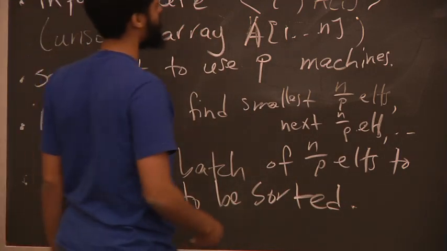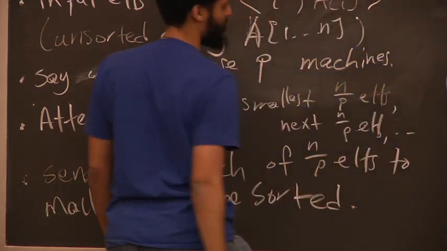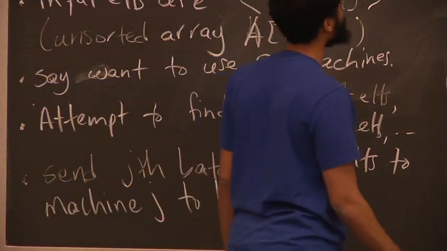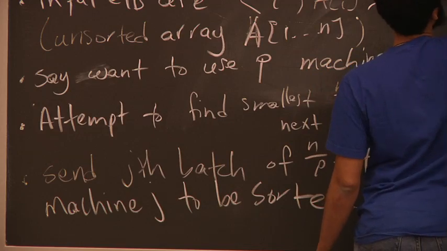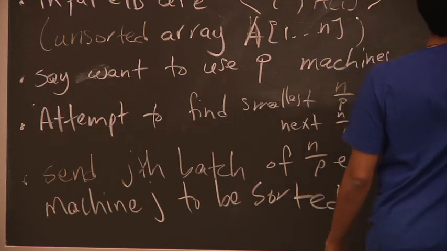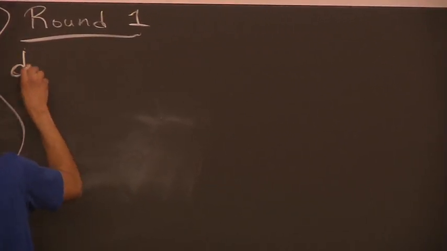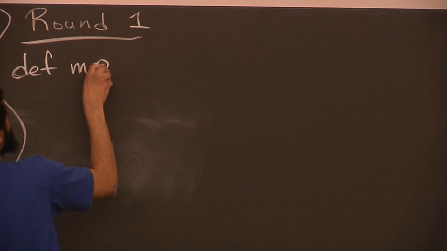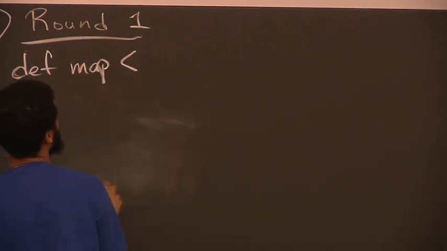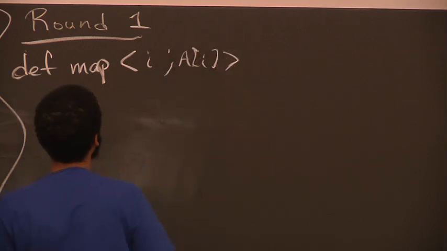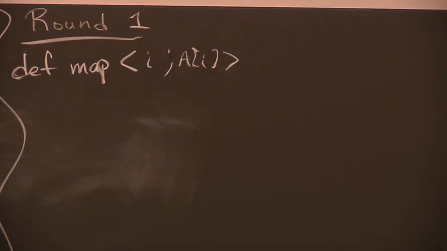So how are we going to figure out roughly the thresholds for who's the smallest n over P, next n over P, et cetera? We're going to sample. Let me write the pseudocode here. This is going to be a 2-round algorithm, and round 1 looks as follows. Map, I'm defining now the map function, which takes as input an i and an A_i.